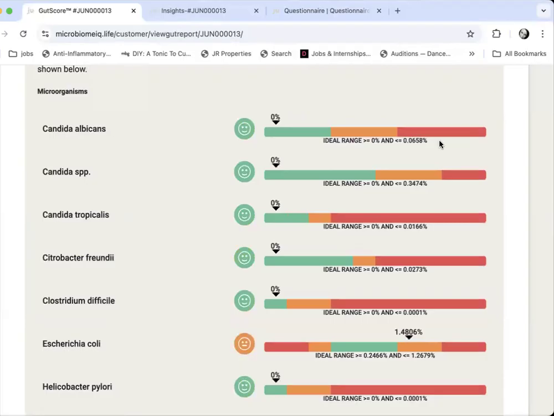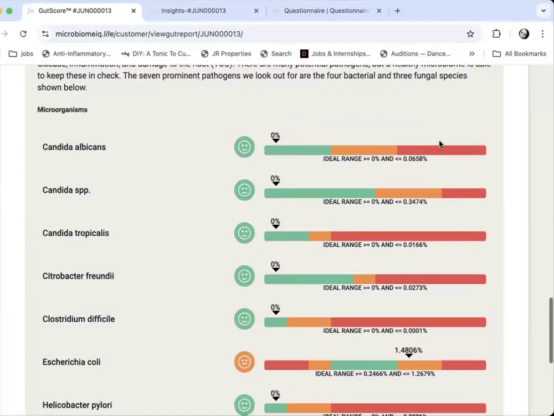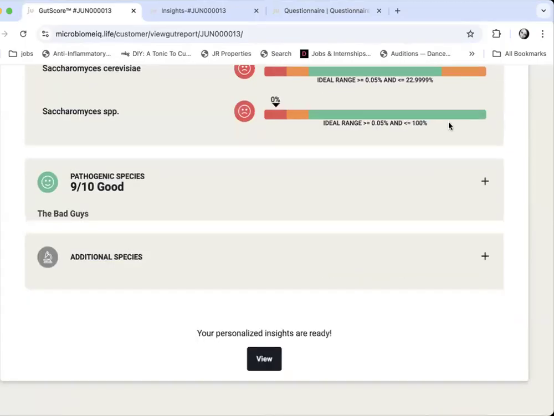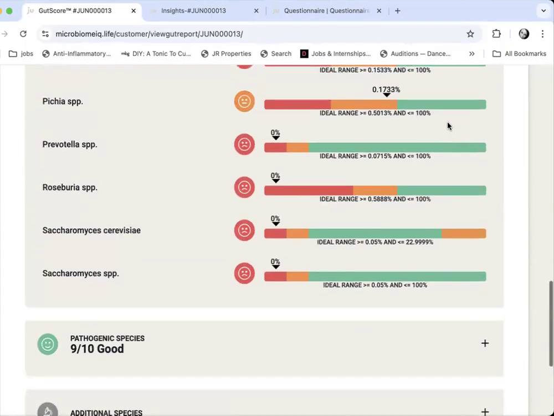And the way you can tell if we're concerned if it's too high or too low is if the red section of the bar is on the right side, that would be a genus of bacteria or fungi where we only want to intervene clinically if it's too high.